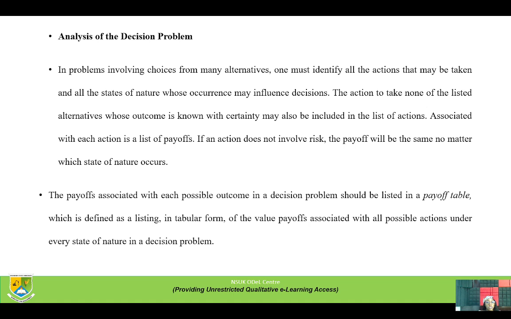Analysis of the decision problem. In problems involving choices from many alternatives, one must identify all the actions that may be taken and all the states of nature whose occurrence may influence decisions. The action to take none of the listed alternatives, whose outcome is known with certainty, may also be included in the list of actions.